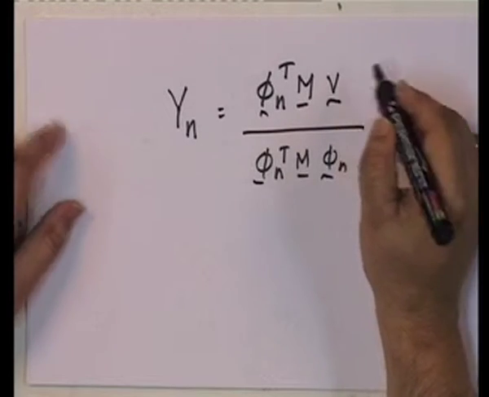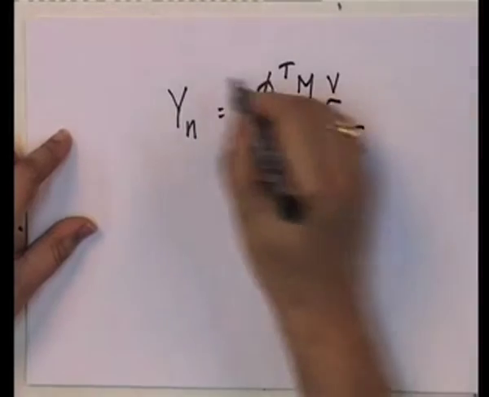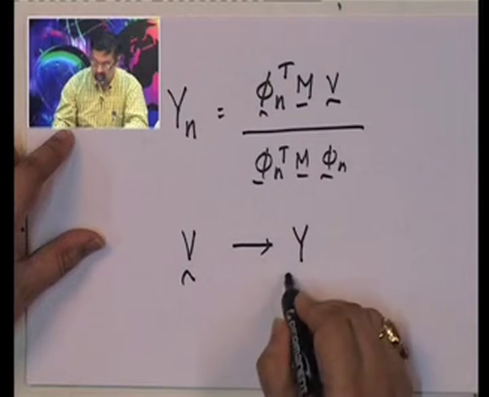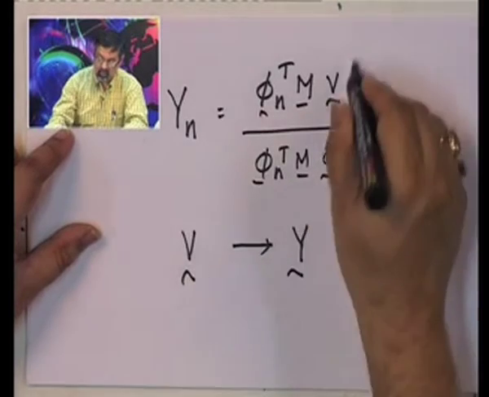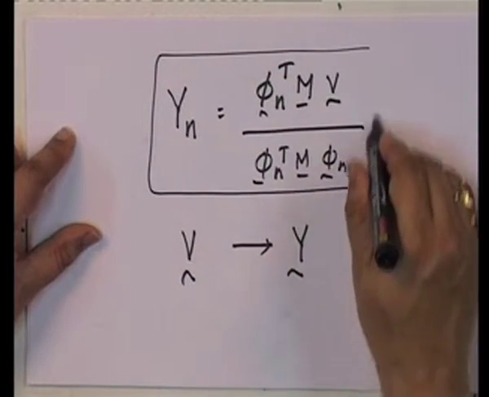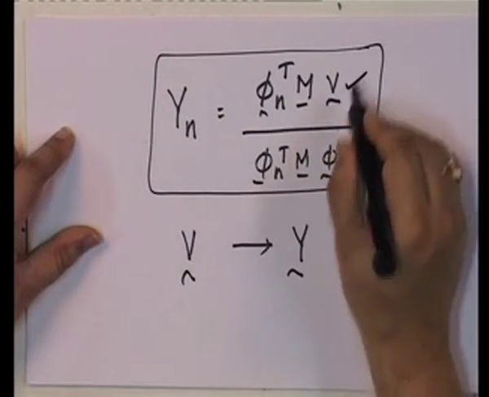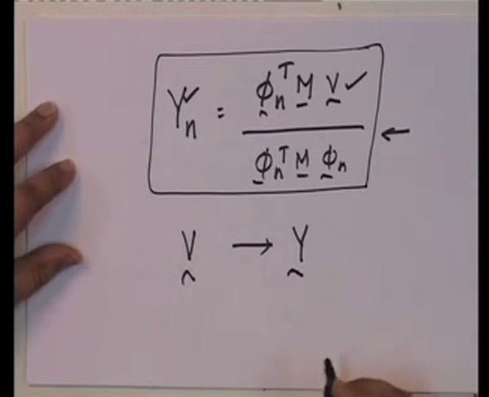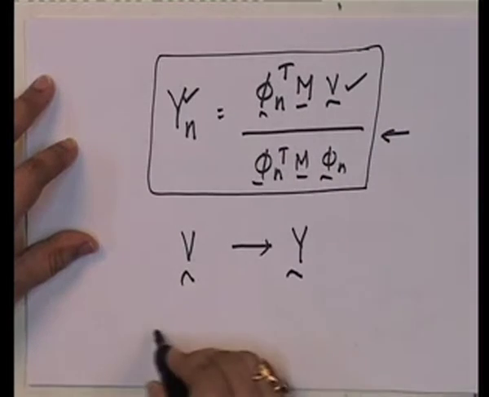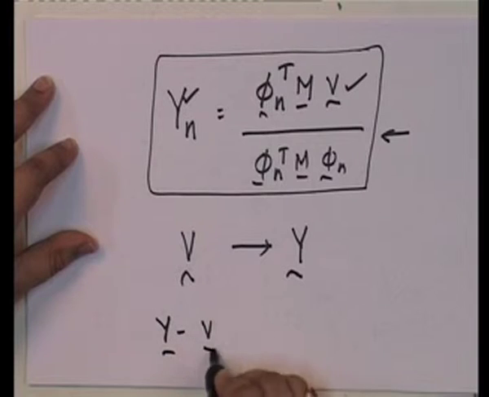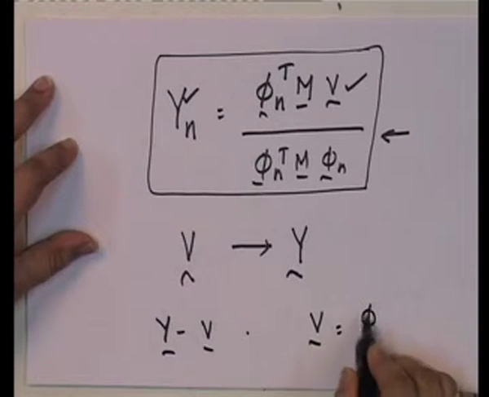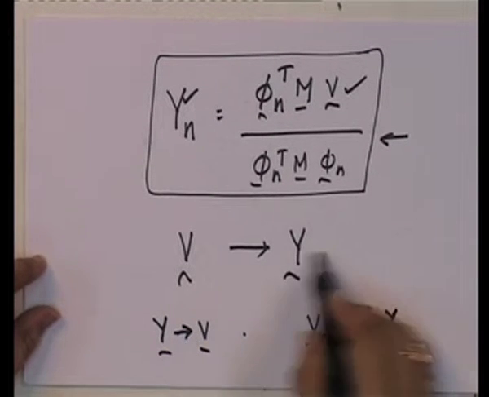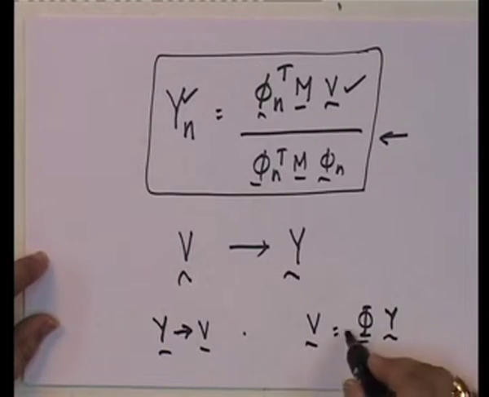So, using the orthogonality condition, I can always find y from a given v. Given v, finding y n, and then you have got y. So, v to y is through this, and y to v is through this. Simple.